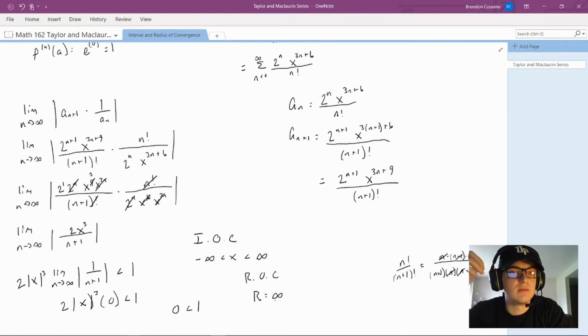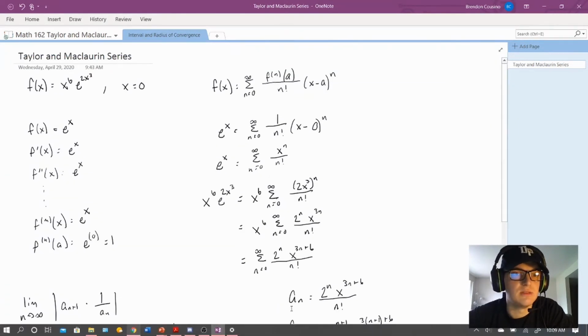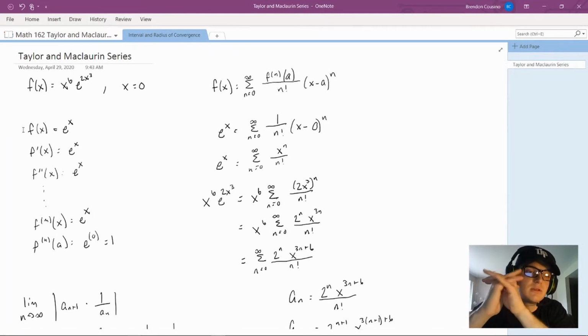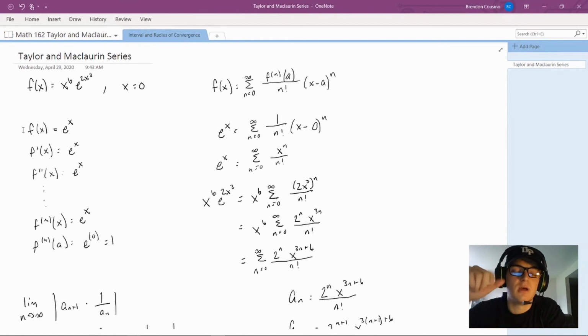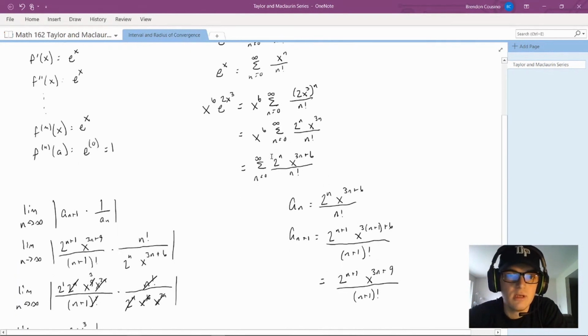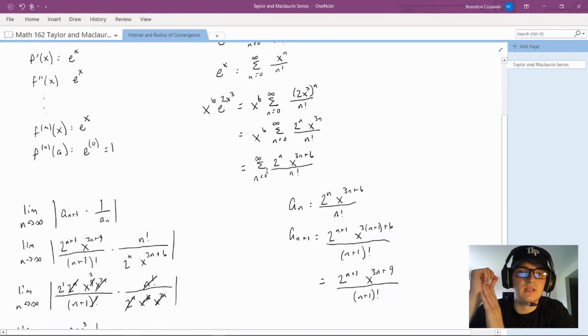In this case, what we did was we had a Maclaurin series, and let's just recap what we did. First, we started out with our series, and we could relate it to the Taylor series representation of the function e to the x. And so we first found the Taylor series representation of the function e to the x. We then related our function to it, and we got the series as n is equal to 0 to infinity of 2 to the n, x to the 3n plus 6 over n factorial.